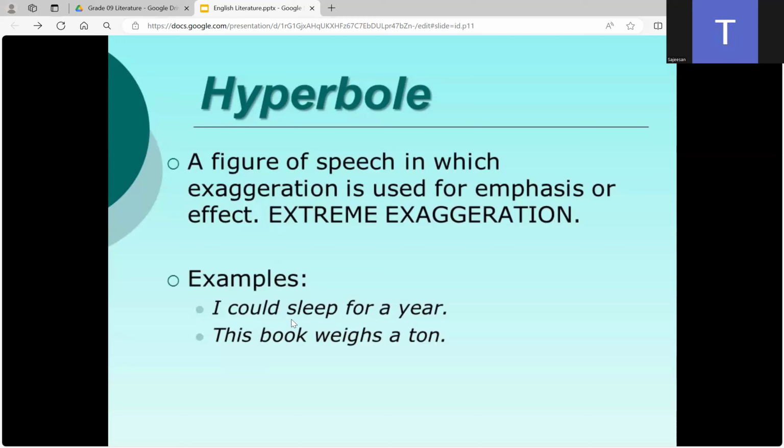And I could sleep for a year. Is it possible for a man to sleep for a year? No. So this is really an exaggeration for some situations to bring out the meaning more brightly.